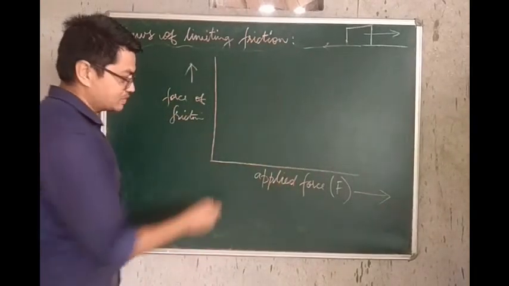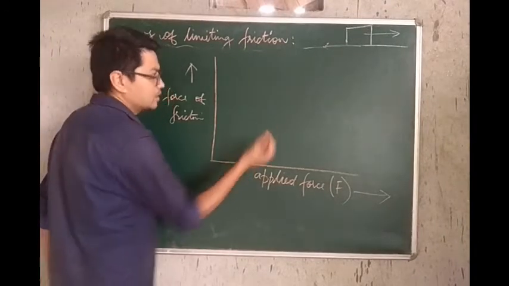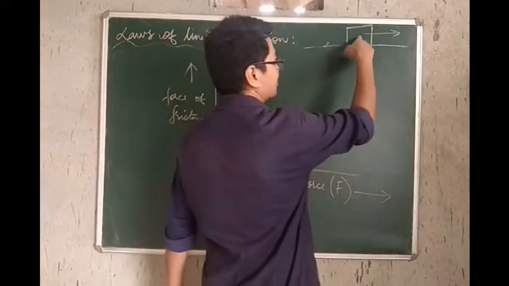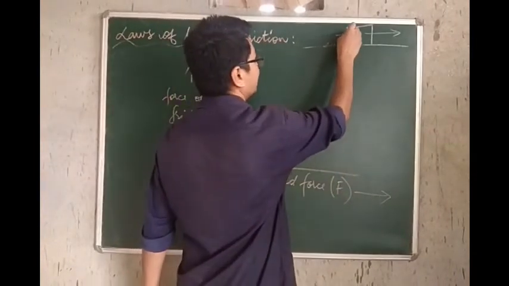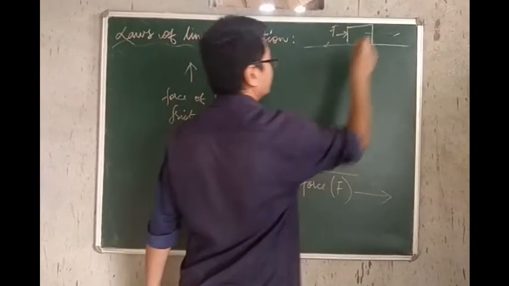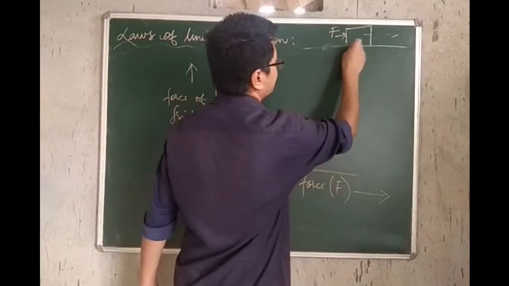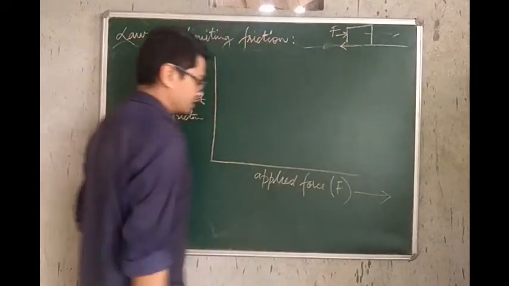So initially what happens is the body is not moving, you apply a small value of applied force, the body of course doesn't move. The moment you apply the force, a small value of force of friction comes into play.